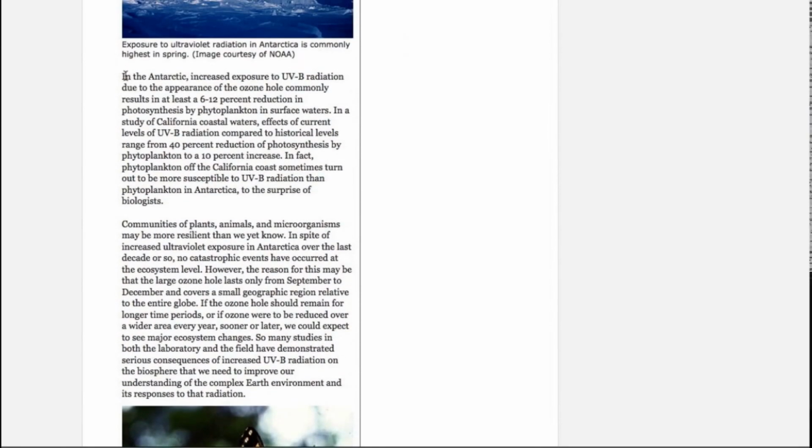They also claim here that in the Antarctic, increased exposure to UVB radiation due to the appearance of the ozone hole commonly results in at least a 6 to 12% reduction in photosynthesis by phytoplankton in the surface waters. Well, again, it's probably because the magnetosphere is decreasing, but not especially over the Antarctic.